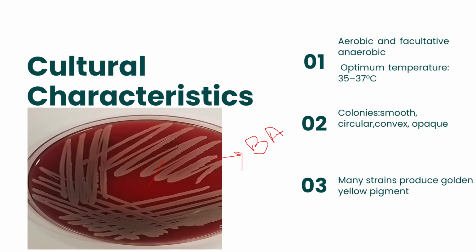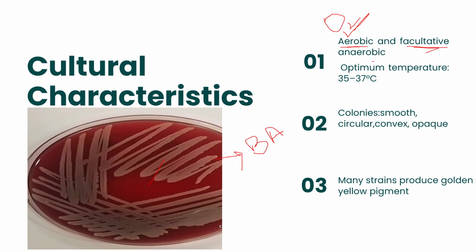These organisms are aerobic and facultative anaerobic. What does this mean? Aerobic means they grow in the presence of oxygen like any of us. So we all need oxygen to grow. Similarly, this organism will also need oxygen to grow. Any organism that needs oxygen to grow, we call aerobic. But the special feature of this organism is that they are facultative anaerobic also.